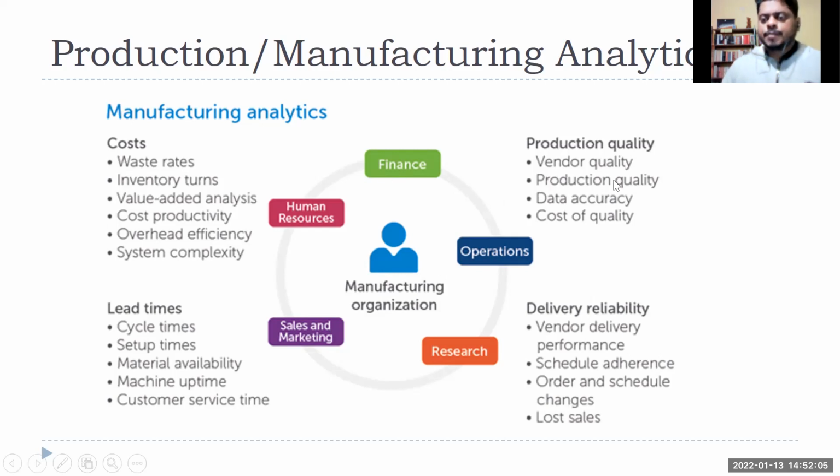Production quality, vendor quality, data accuracy, cost of quality, right? Data accuracy is a big problem, because most of the time, even in the biggest plants, the entry is manual. There will be a resource person in the plant, and that is not their main work, because they will be working on the assembly line.